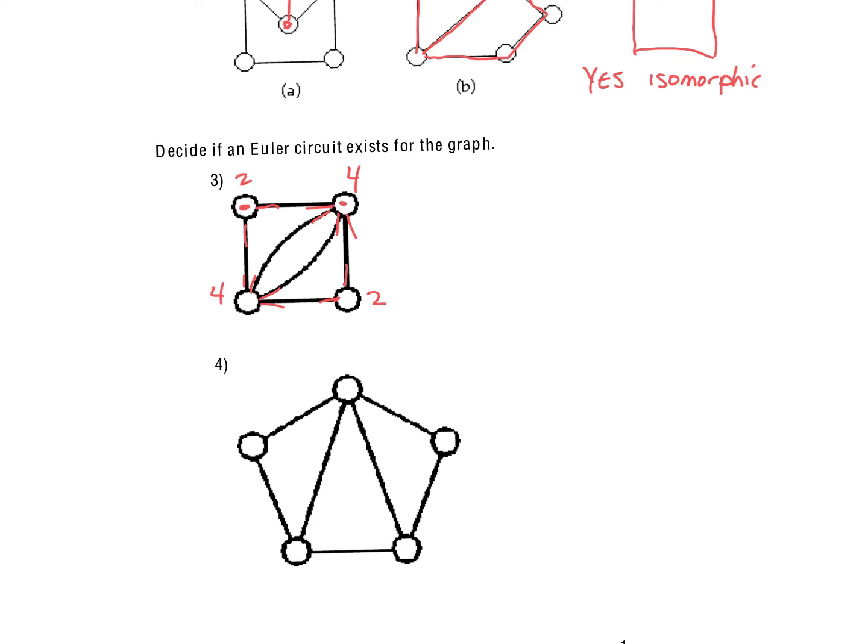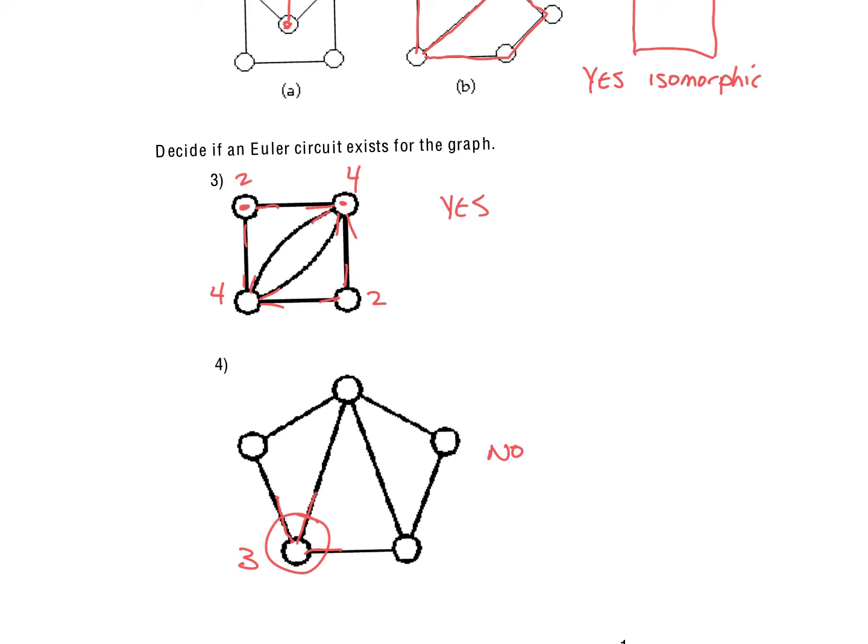So because they're all even, that means that yes, a Euler circuit exists for the graph. Compared to this particular vertex here, where you have an odd number, there's a degree of 3. If there's a single one with an odd number, then no, a Euler circuit does not exist.